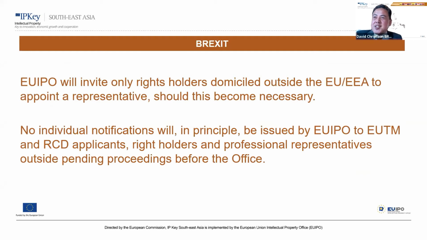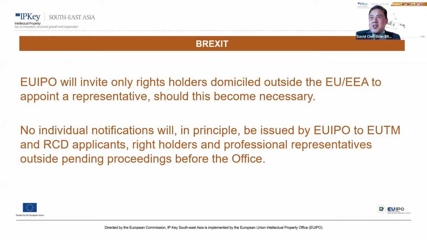And what is it that we do in this office? We have a whole workforce. We are preparing, of course, because this change has for us huge consequences. What we will do, for example, is invite right holders who are now outside the EU and the EEA to appoint a representative if this is necessary.